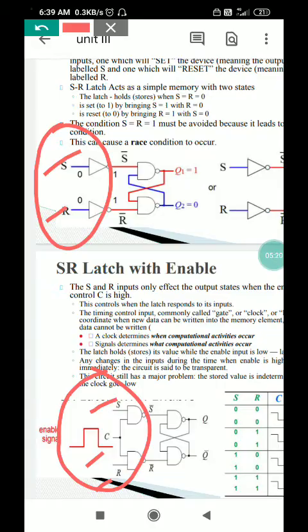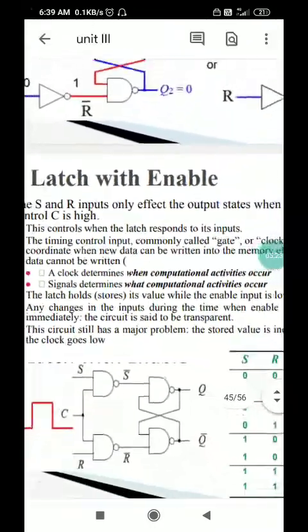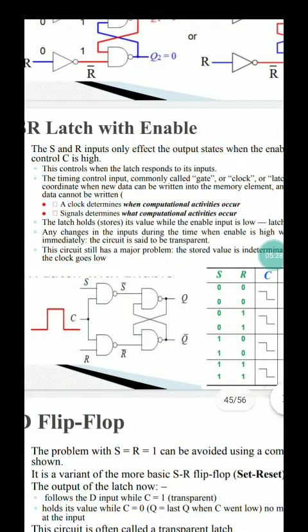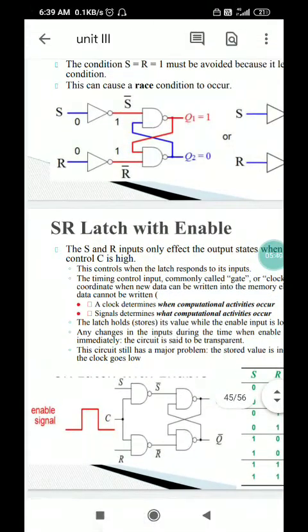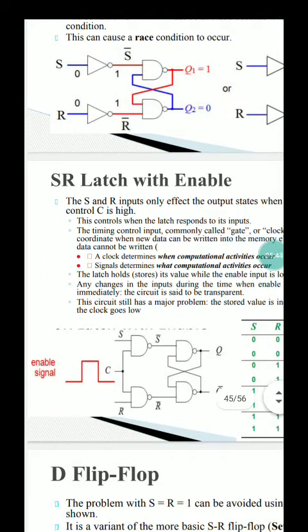So why do we have this enable signal? Because a clock determines when computational activities occur, and signals determine what computational activities occur. The case of the circuit which has no enable signal is that it will produce output as and when input is present.